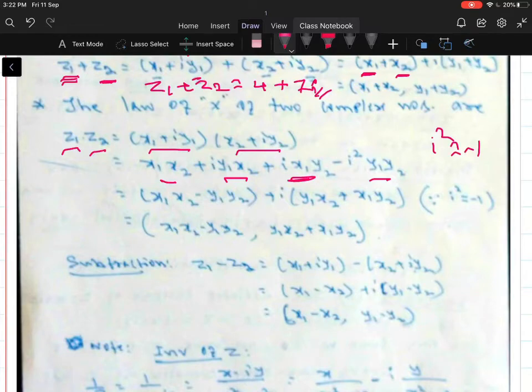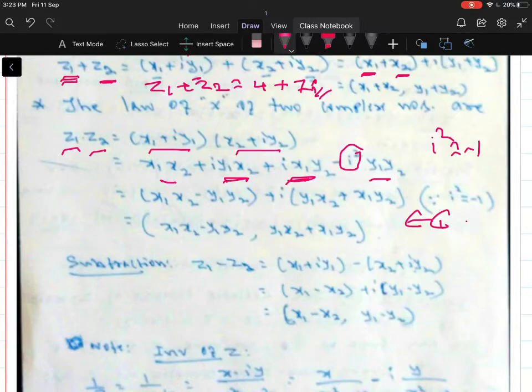Let us separate the real part and the imaginary part: x1 x2 minus y1 y2, plus i is common, i into (y1 x2 + x1 y2).